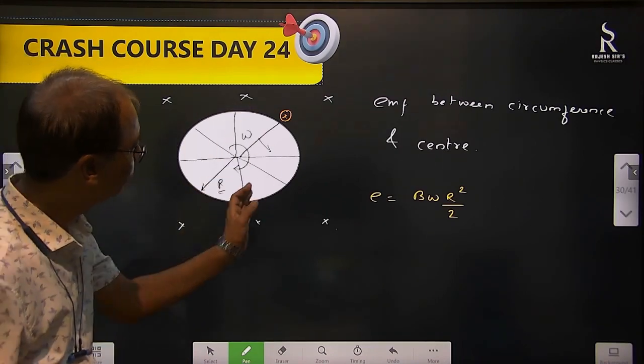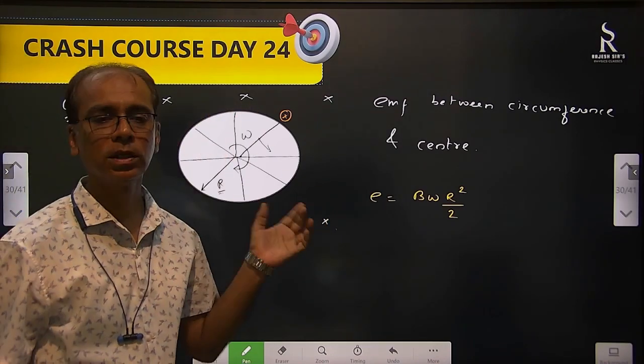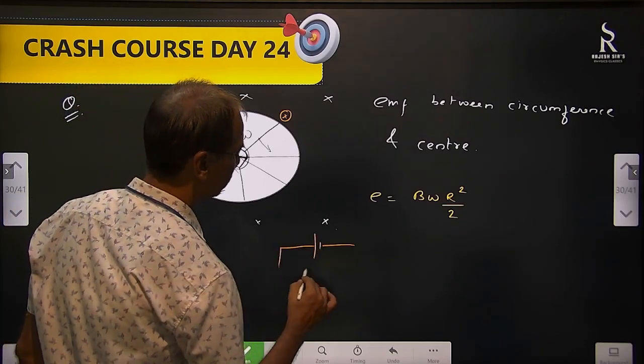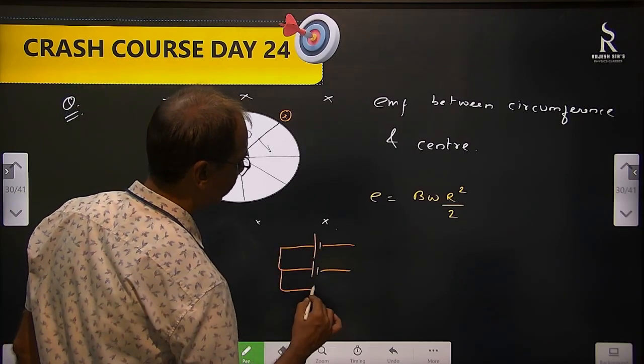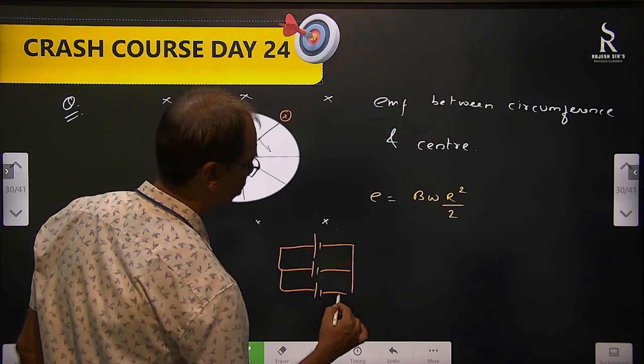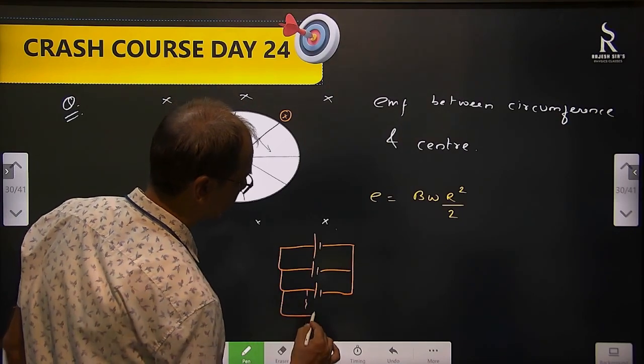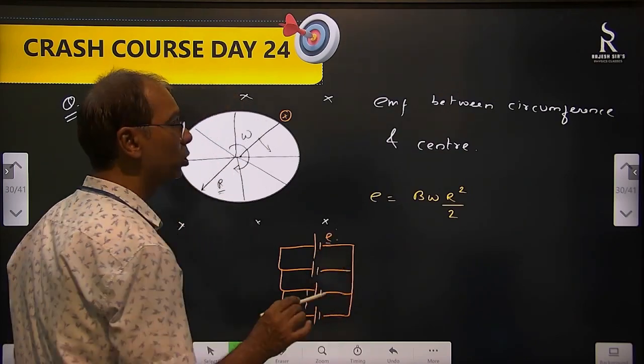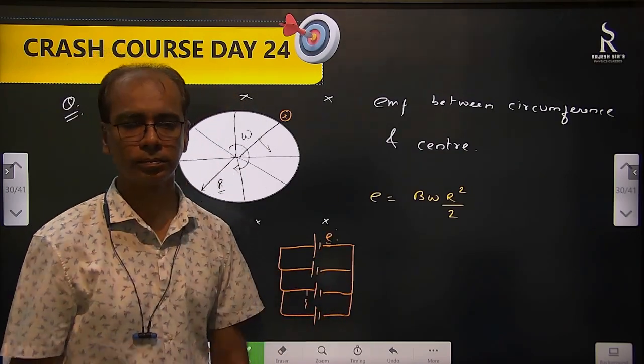Now how many batteries are connected whose EMF is this? Infinite. If they are connected in parallel like this, we know net EMF will be E only. We have seen that in current electricity. So the total answer is also this only.